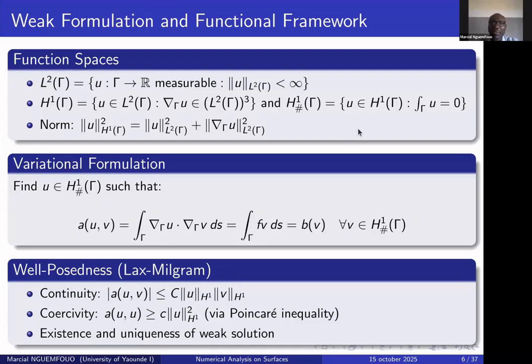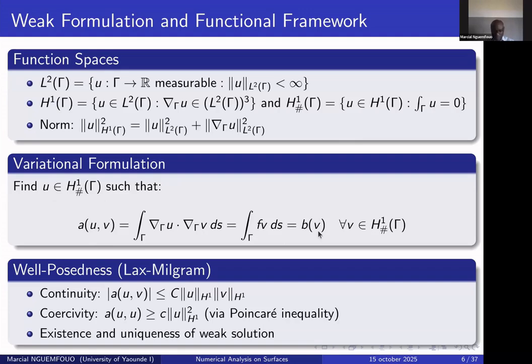To ensure that we will have a unique solution, we need to find that solution in the space with mean value zero. It is why our variational formulation is given like this. We find some solution u in H1 with zero mean such that we have this equality.